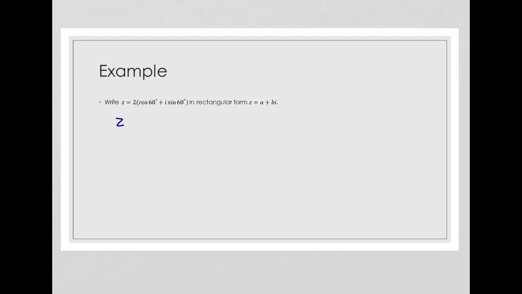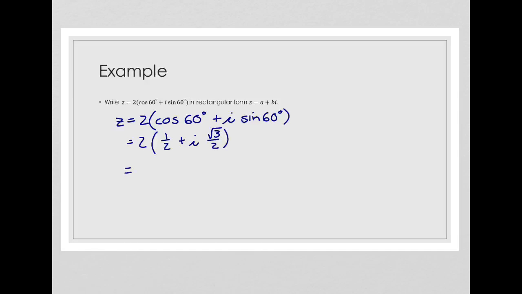So we have z equal to 2 of cos 60 degrees plus i sine 60 degrees. Now, from special angles, we know that cos of 60 is a half and sine of 60 is square root 3 over 2. Multiplying the 2 into the bracket, we get it's finally 1 plus square root 3 i. And now it is in the required form.